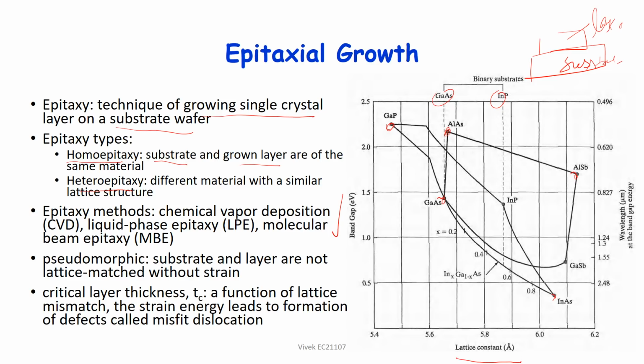So even for heteroepitaxy, where you are growing a different material, the substrate and layer are of different material, they have to have similar, not exactly the same, but similar lattice structure. So this is called basically pseudomorphic. They are not entirely lattice matched, but there is some strain.